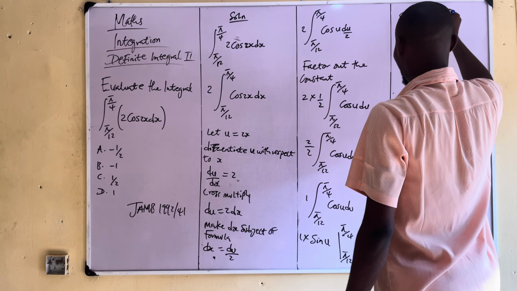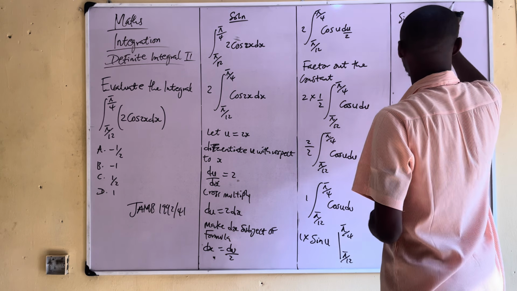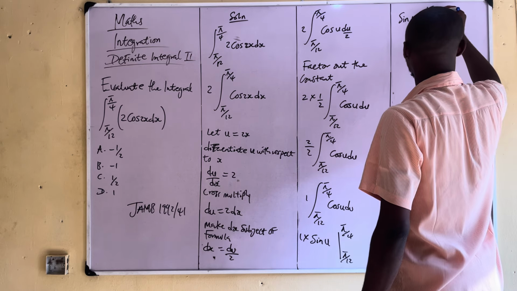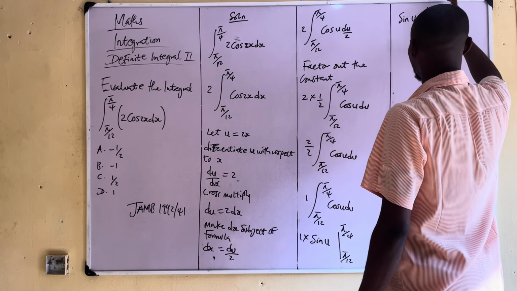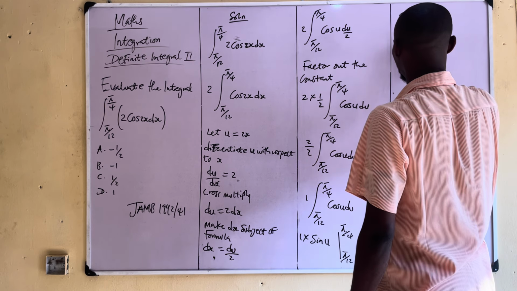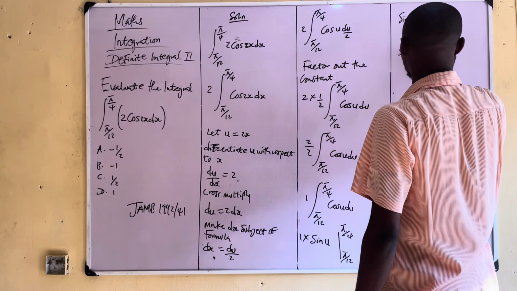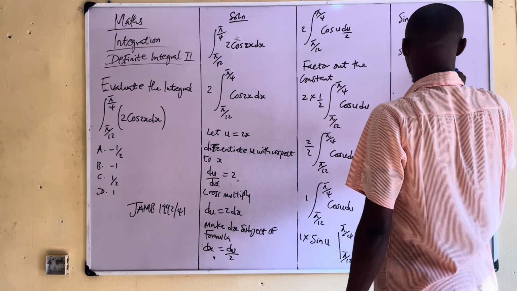So you say sine, what is our u? 2x, from pi over 12 to pi over 4.